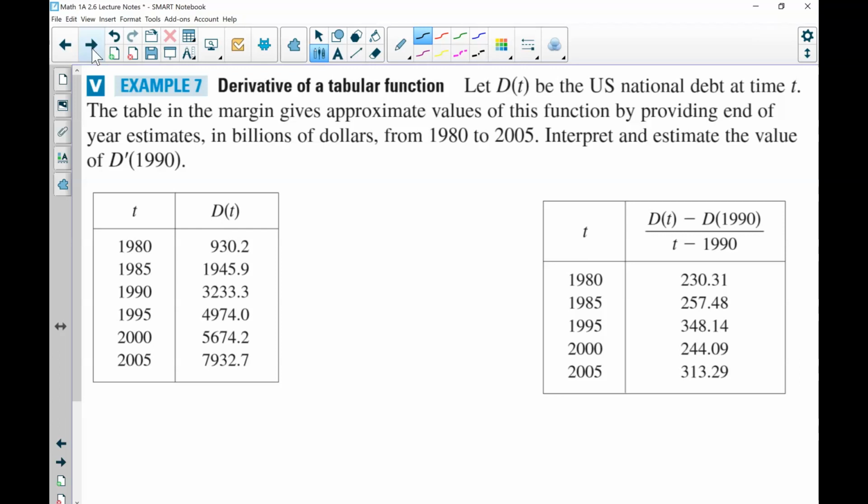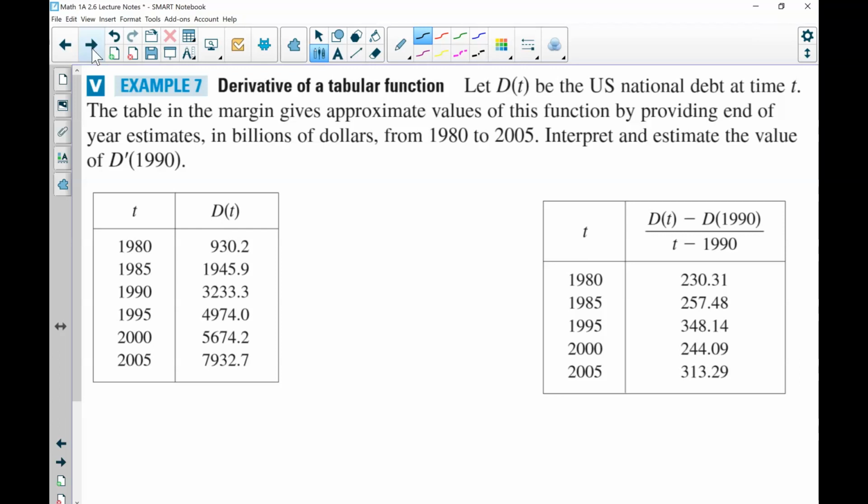What we want to do is interpret and estimate the value of D prime of 1990. So the derivative D prime of 1990 is going to mean the rate of change of D with respect to t when t is equal to 1990, that is the rate of increase of the national debt in 1990.